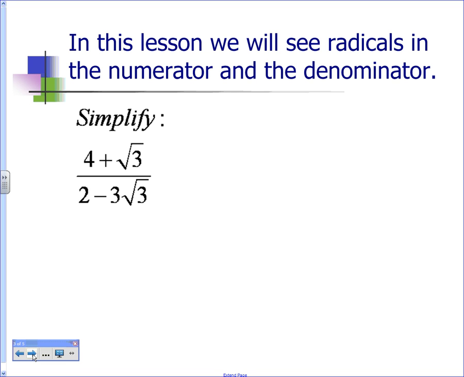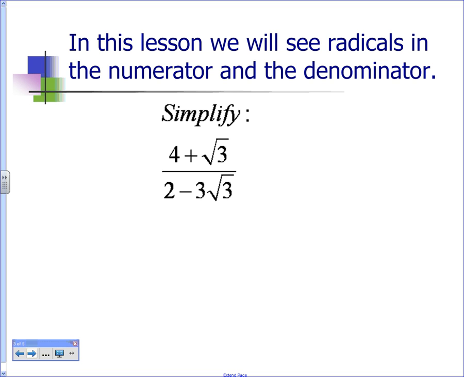It's not much different. Same steps. No, you can. But now we just have a radical in both.